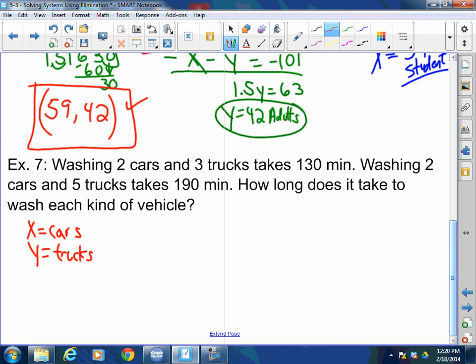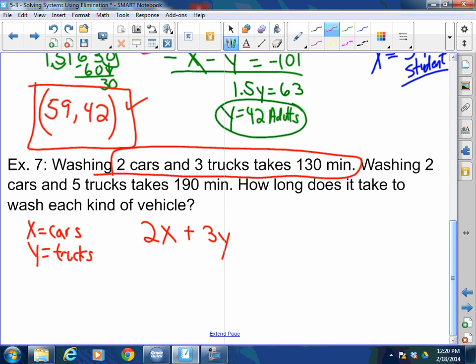Awesome. Okay. What do I know about this first sentence? 2x plus 3 trucks, y, equals 130 minutes. Perfect. And what do I know about the next sentence? 2 cars are 2x plus 5 trucks, 5y, equals 190.